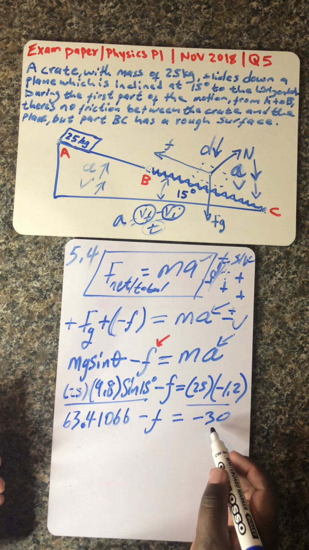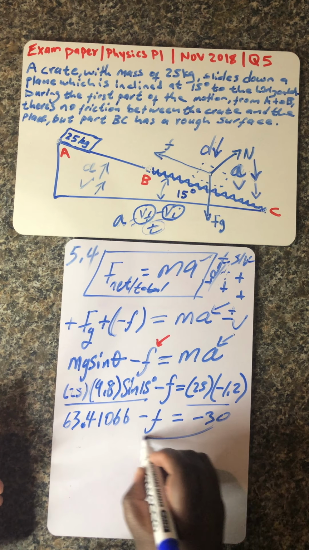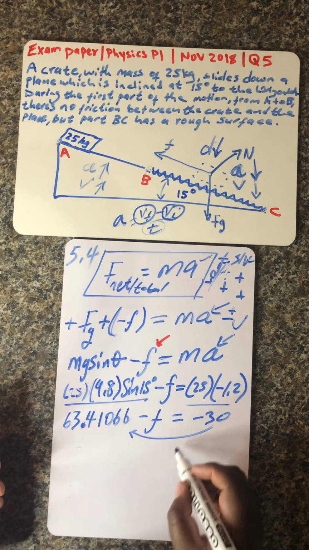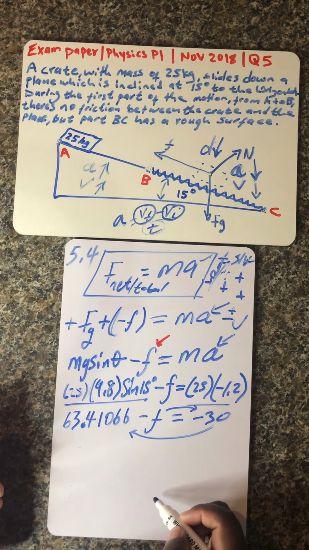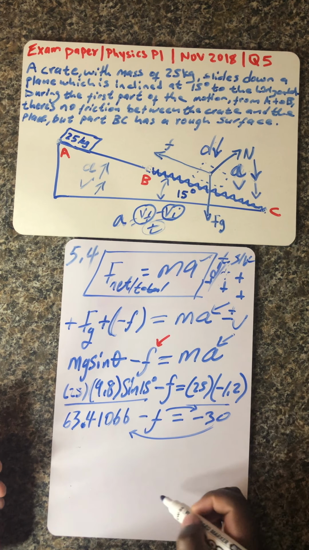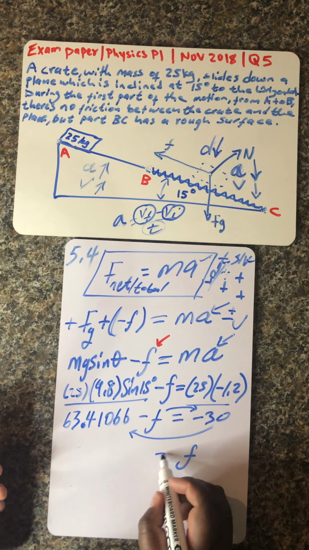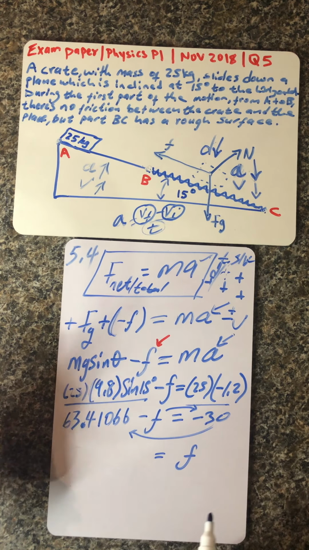Okay, so obviously, guys, you're going to move that number to this side of the equal sign, and it changes the sign, it becomes a positive. Then you're going to move this to the other side of the equal sign, it changes the sign, it becomes a positive. So that means frictional force will be equals to 30 plus that number.